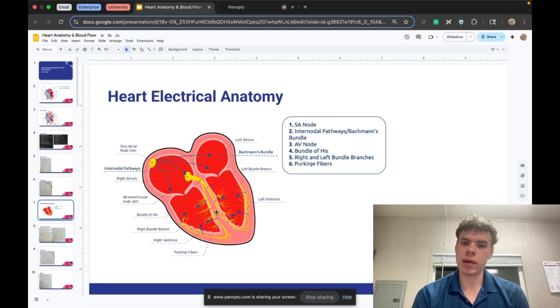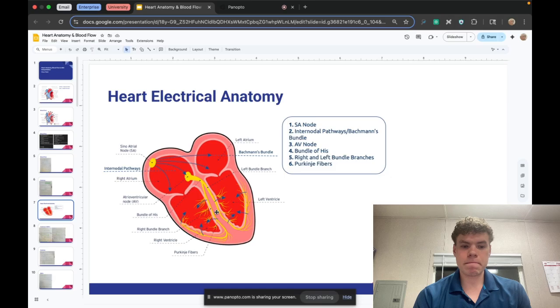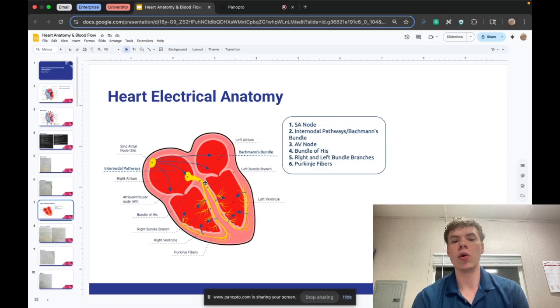It might be important to note because if an electrical impulse isn't going through the heart the way it's supposed to, that could cause abnormal heart rhythms, which may not be good. But just keep this in mind: SA node, AV node, because depending upon which node a heartbeat originates from, that can change what your EKG will look like. And you'll learn that in just a second.